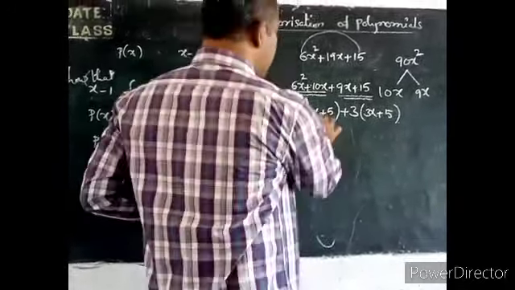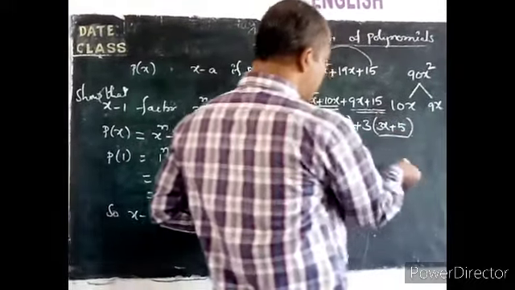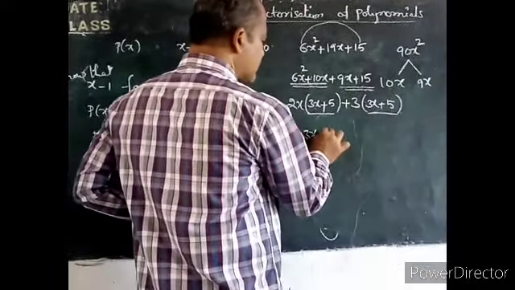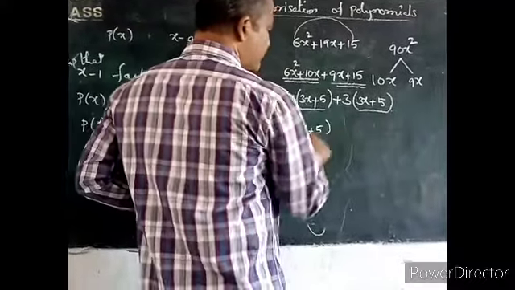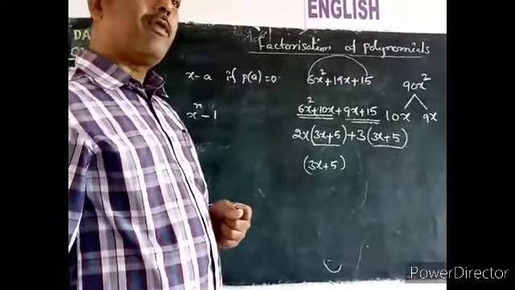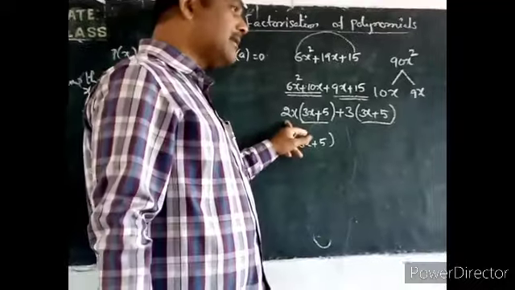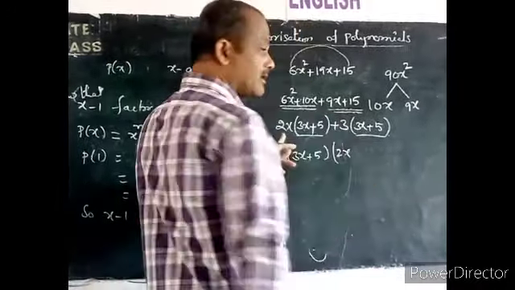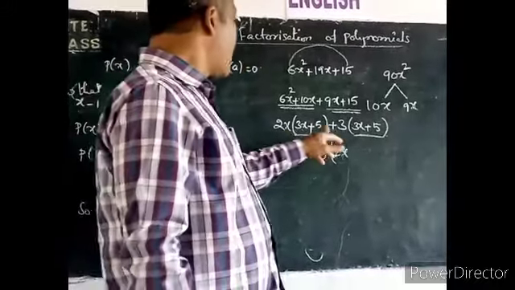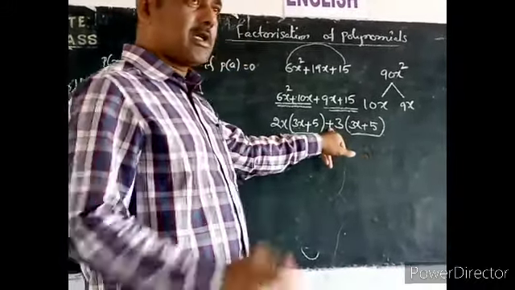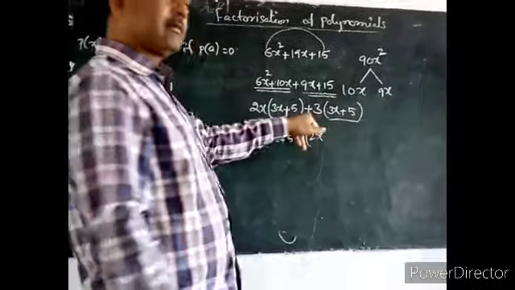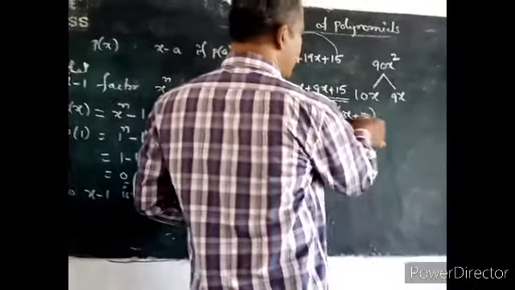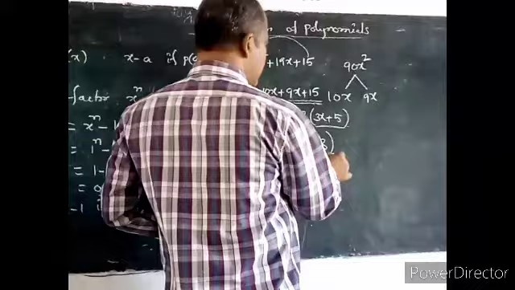So, now this is common, na? So, again taken out. 3x plus 5. 3x plus 5 is taken out. What remains here? 2x. In the brace you should write 2x. After this combination, what is the connective here? Plus. So plus, here what remains? 3.